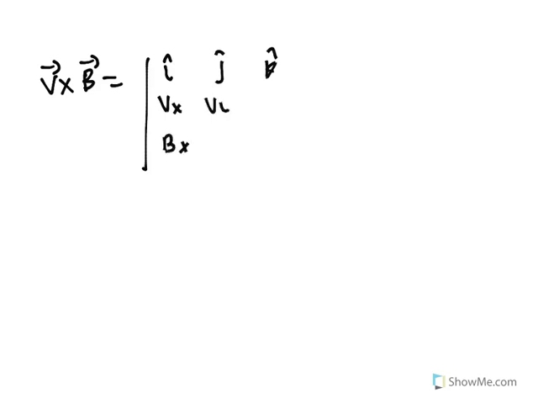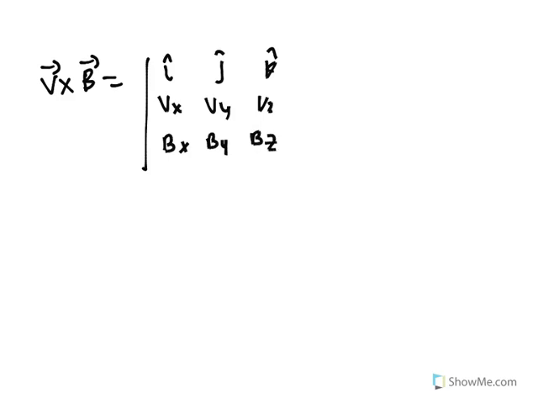So v cross B is going to be equal, and we're going to input i, then j, and then k, and this is, for instance, Vx, Bx, Vy, By, and Vz, and here is Bz.